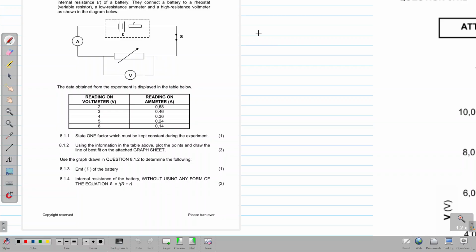8.1.1. The obvious answer: we must make sure that we keep the temperature constant. Okay, so that is the important factor. And then 8.1.2, we will have to plot the points on the graph.